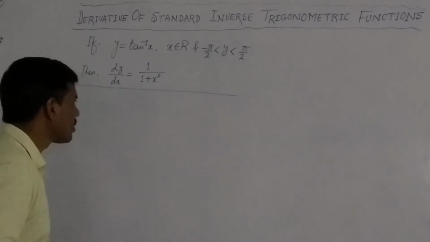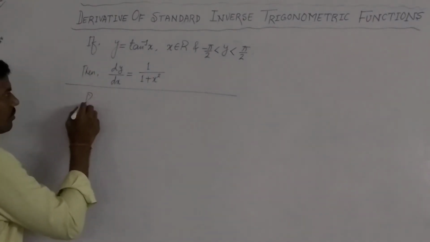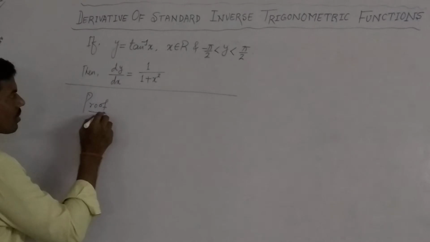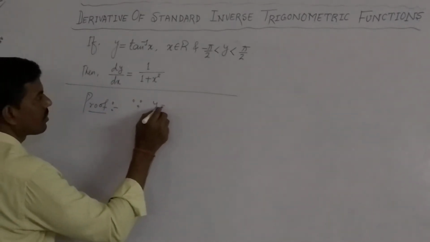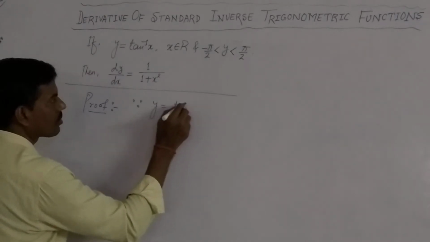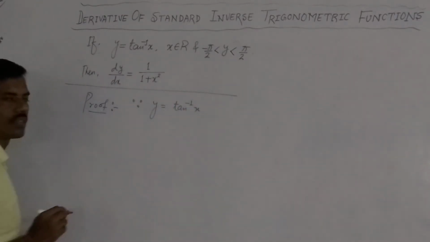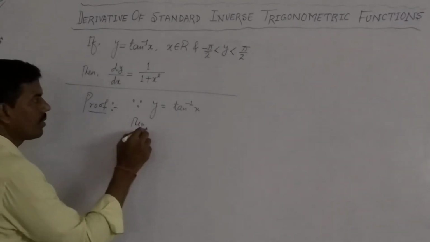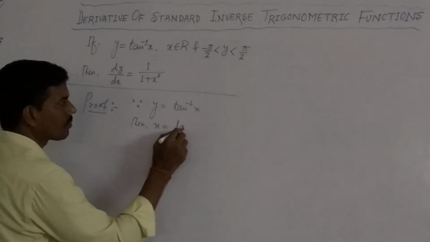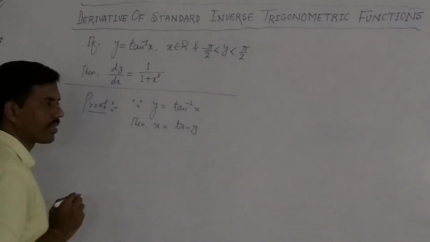The proof of this result is given as follows. Since y is equal to tan inverse of x, then x is equal to tan of y.